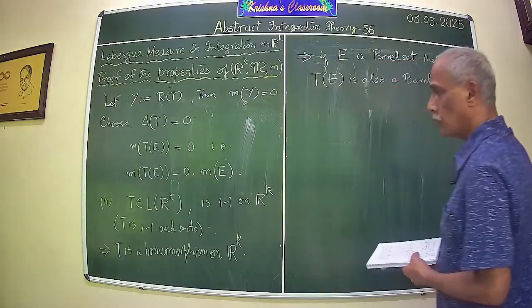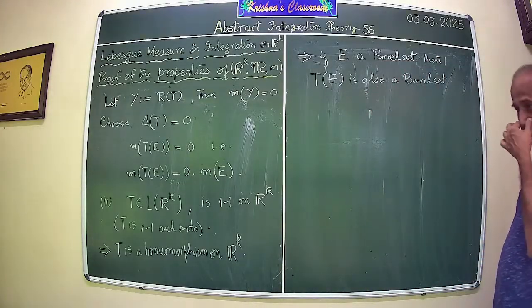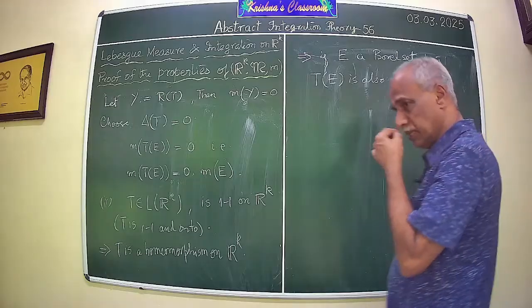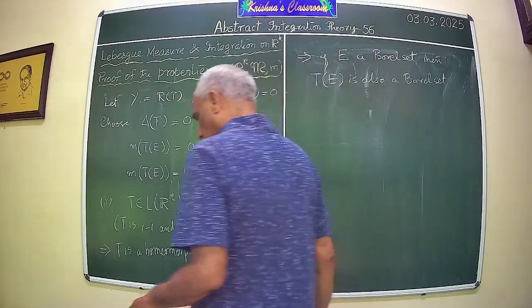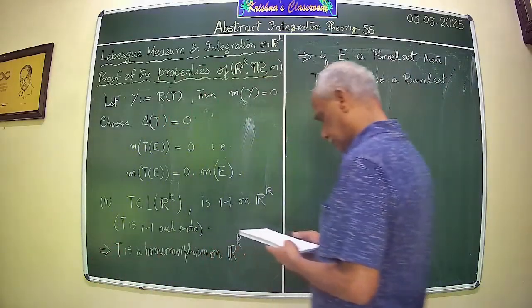Open sets are mapped to open sets, closed sets are mapped into closed sets, and therefore Borel sets are mapped to Borel sets.